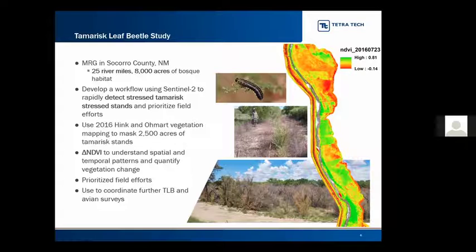So in this case, we looked at 25 river miles and over 8,000 acres of bosque habitat. We used 2016 Hink and Ohmart vegetation mapping to mask out and exclude other vegetation and just look at tamarisk dominated stands. And we conducted a difference of the NDVI over about 30 different Sentinel scenes to construct that temporal trajectory and understand what was happening at these sites.